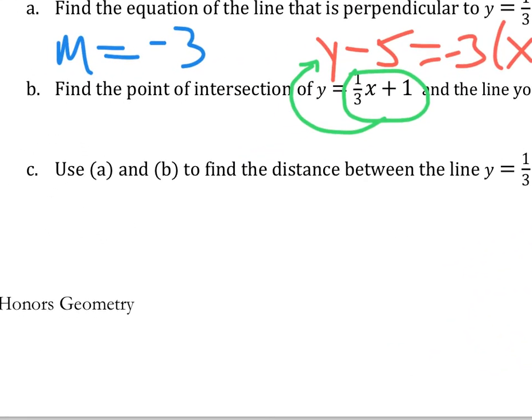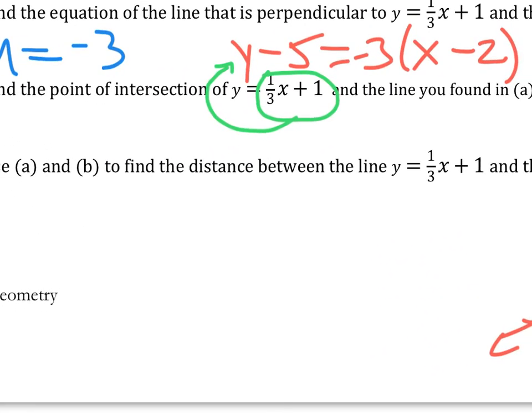So putting in 1/3 x plus 1 for y, we get 1/3 x plus 1, and we have -5. That's the left side over here, y minus 5. We just put this in place of y. And that equals our -3x minus 2. We should say -3 times x minus 2.